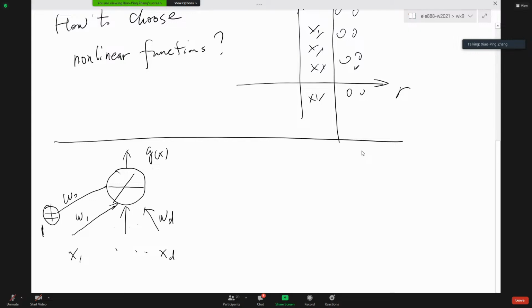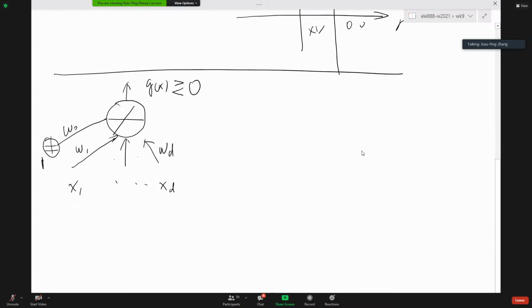Okay, and in terms of classification, the last step is actually to look at whether g(x) is larger or smaller than 0. So basically we're computing whether this is larger or smaller than 0. That, in effect, is equivalent to a thresholding unit. If we redraw this, it becomes this form.